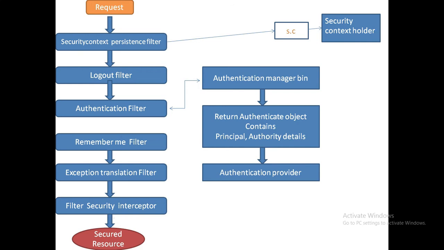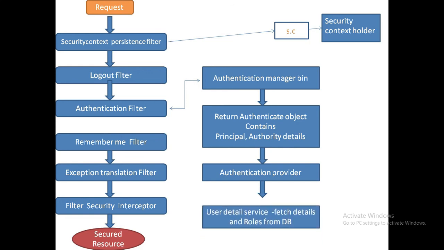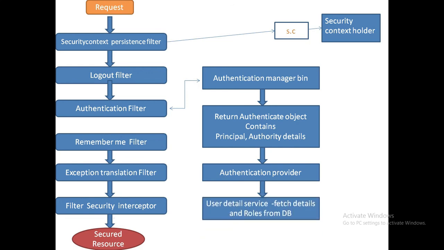It will internally call the authentication provider, and the authentication provider internally calls the user detail service. So the user detail service fetches the details from where you have stored them, that may be in memory or it may be in the database. Once we get these details, they must have the roles.